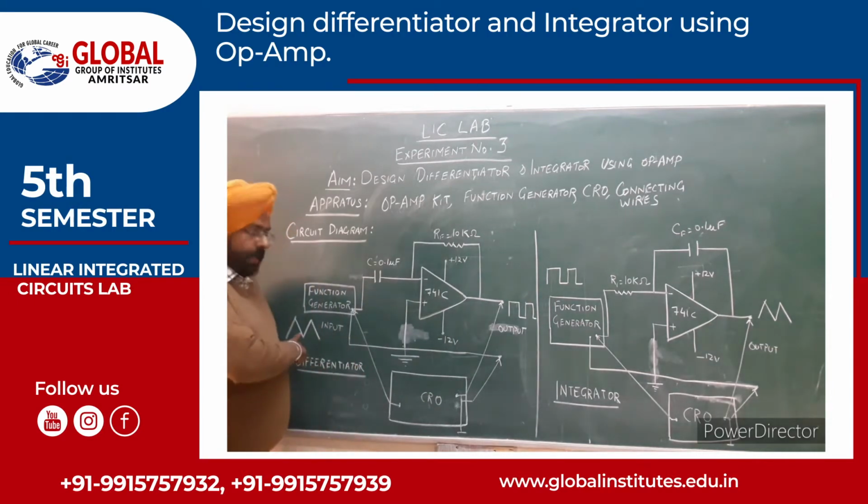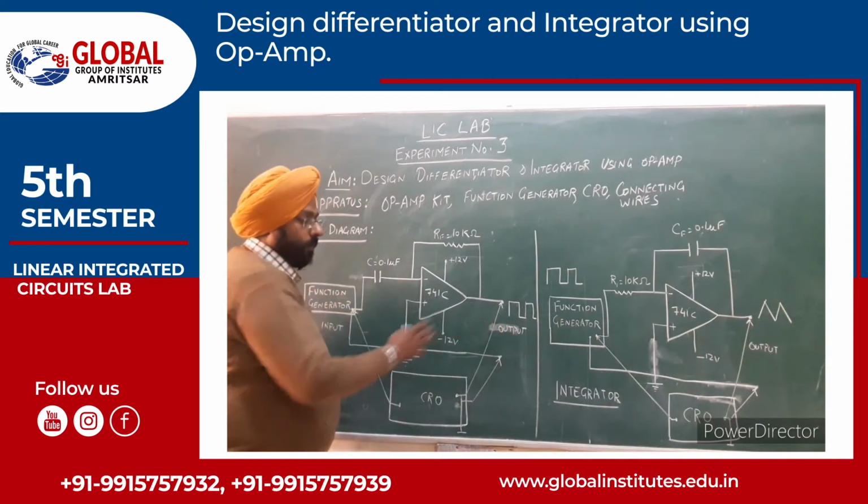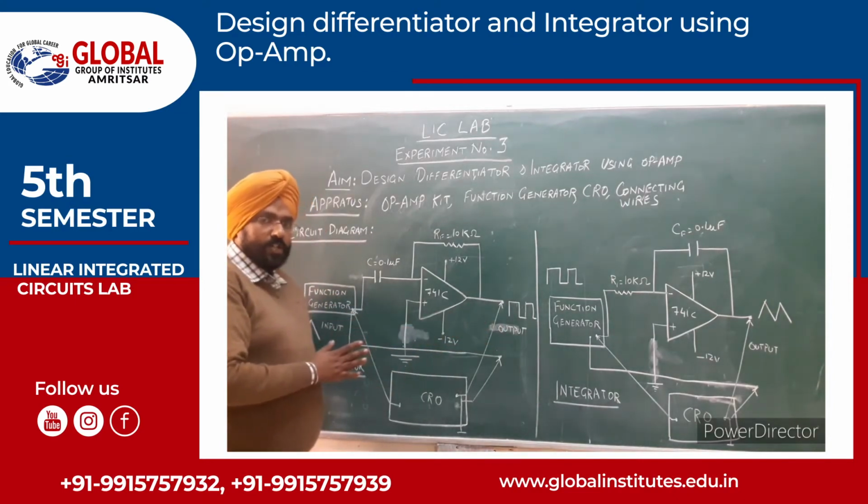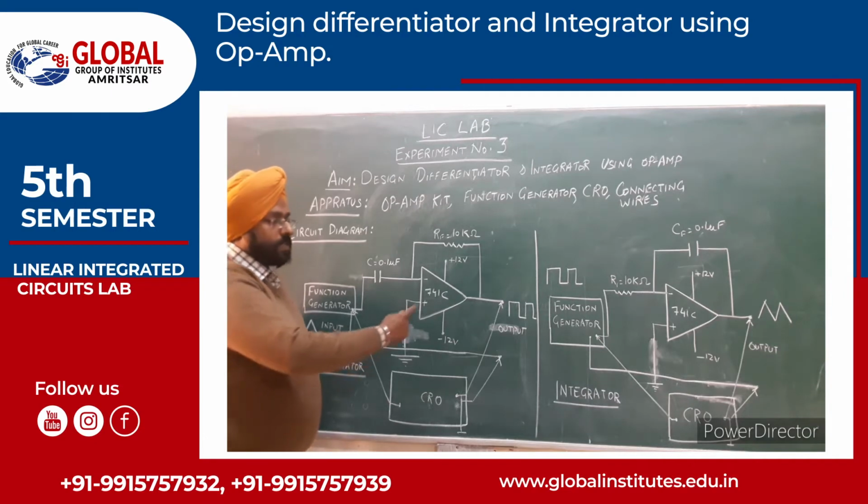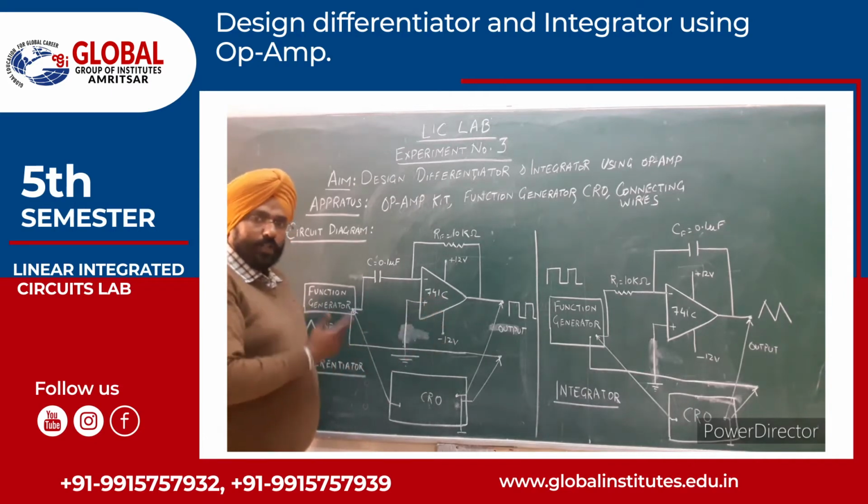When we apply a triangular waveform, we get a square waveform, because the differentiation of a triangular waveform is a square waveform. In this way, this differentiator circuit performs the differentiation process using op-amp.